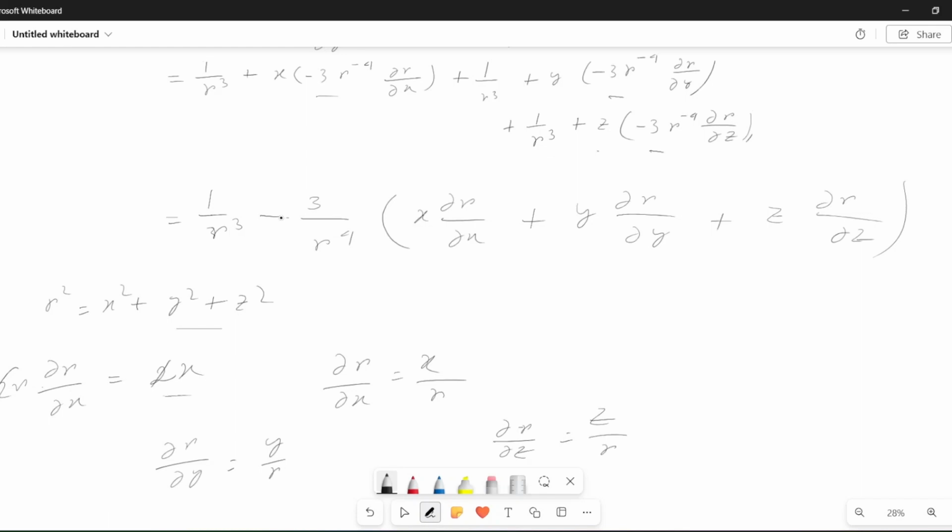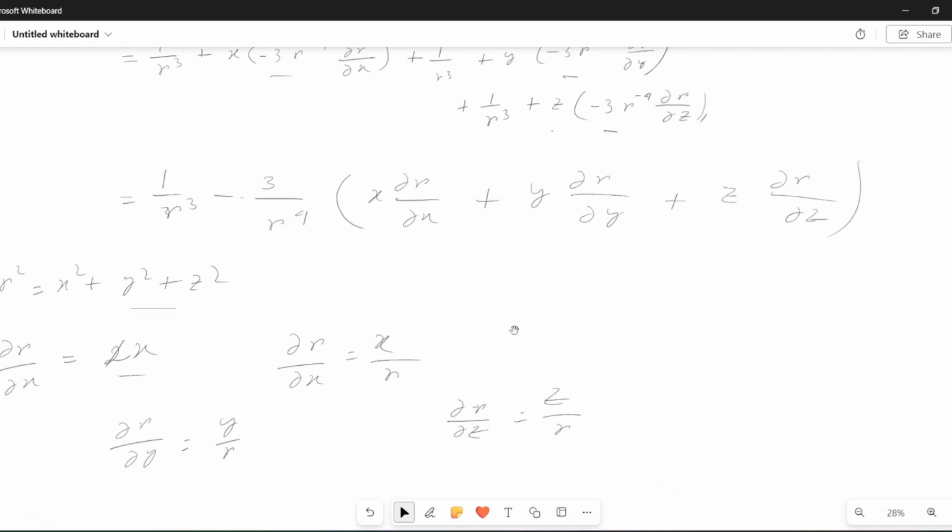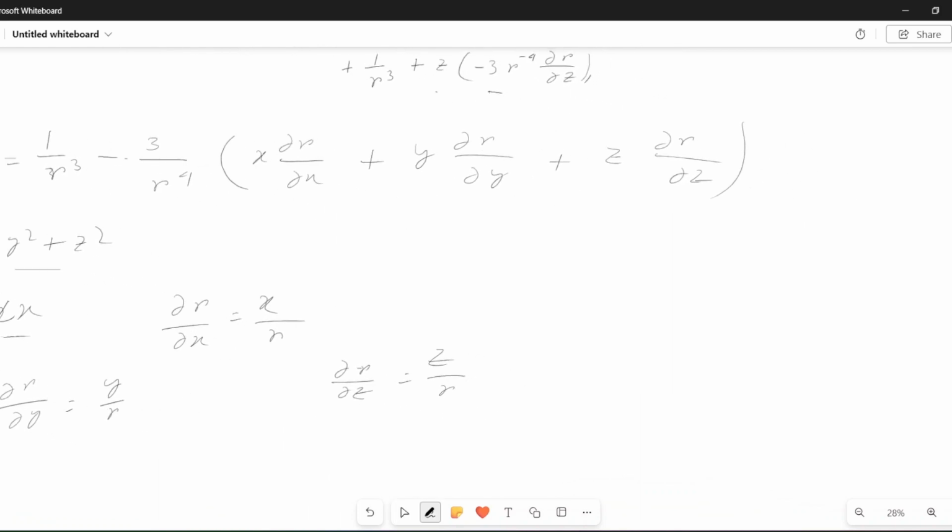So this term can be written as 1 by r cube minus 3 by r to the power 4, times x by r plus y by r plus z by r.